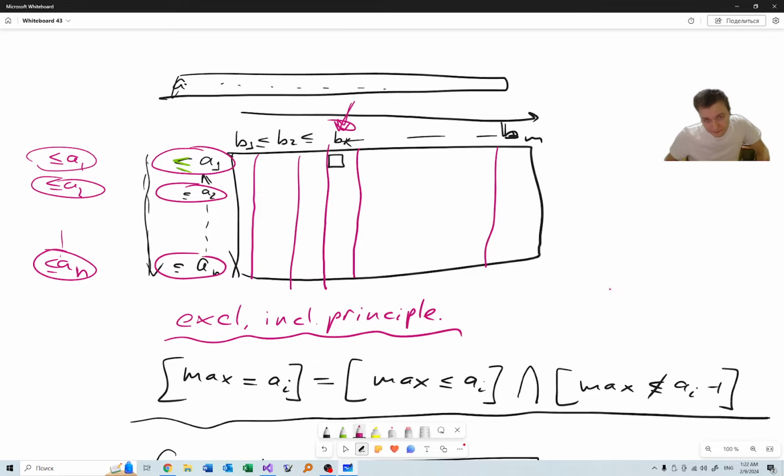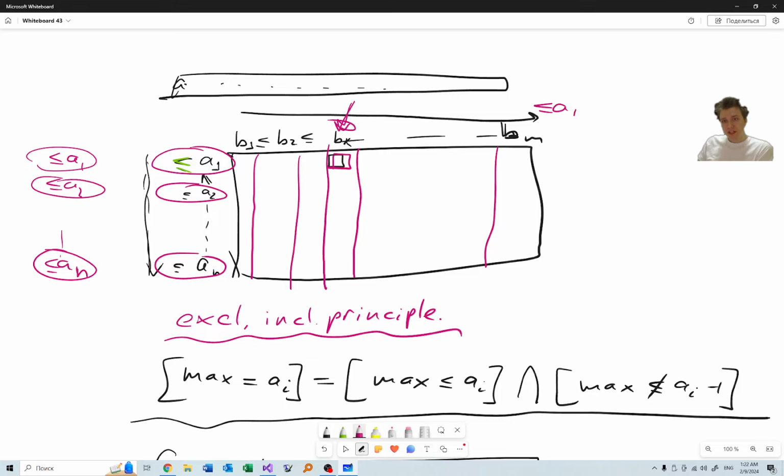Let's do it. So we take one column, and we know that we need here at most A1, but at most the minimum of A1 and BK.